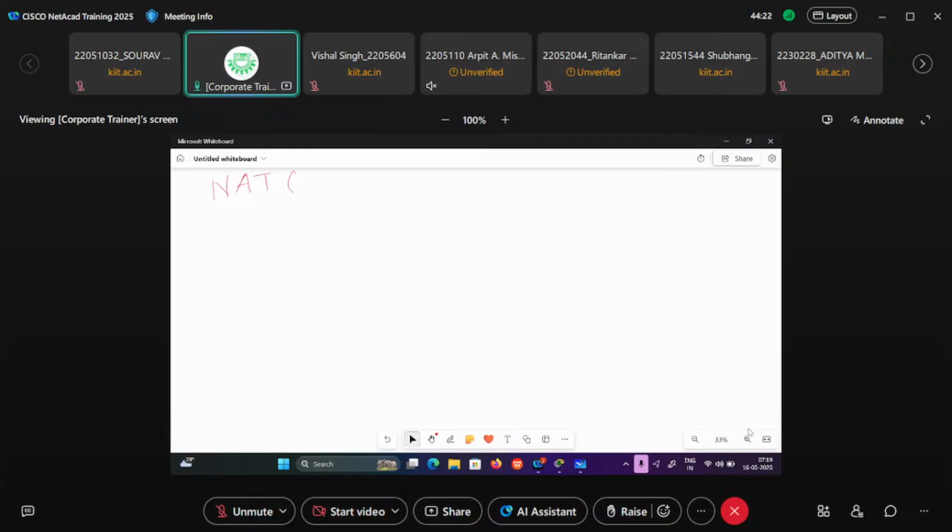Due to that, even in our environment, if our IP is showing a private IP, from the backend, whenever we are searching anything over the internet, at that point of time it will be mapped from our private IP to the public IP. This technique is called Network Address Translation. So you can write the one line definition: it is a technique of translating private IP addresses into public IP addresses.